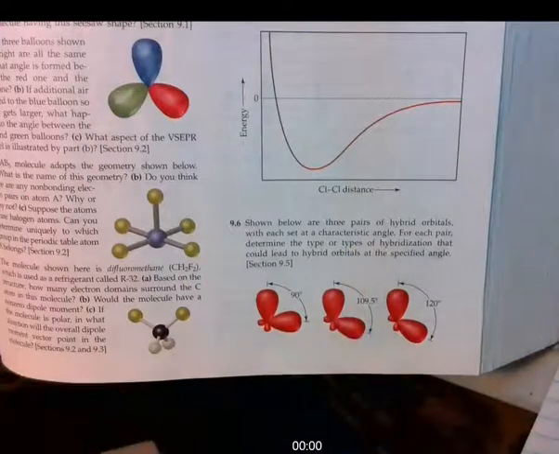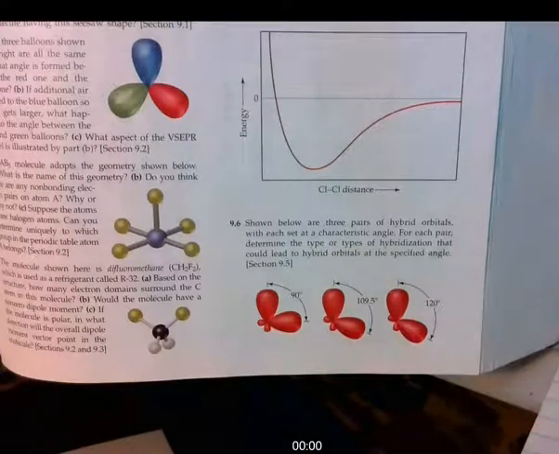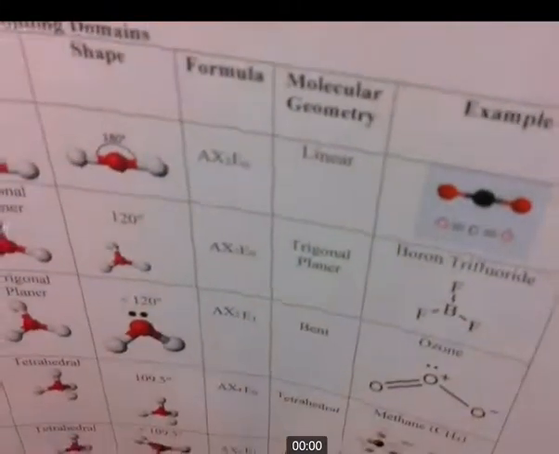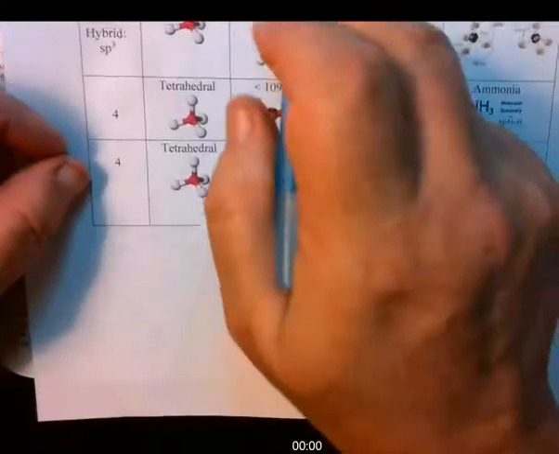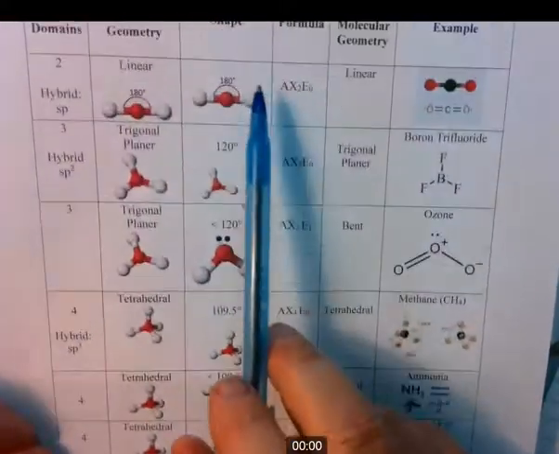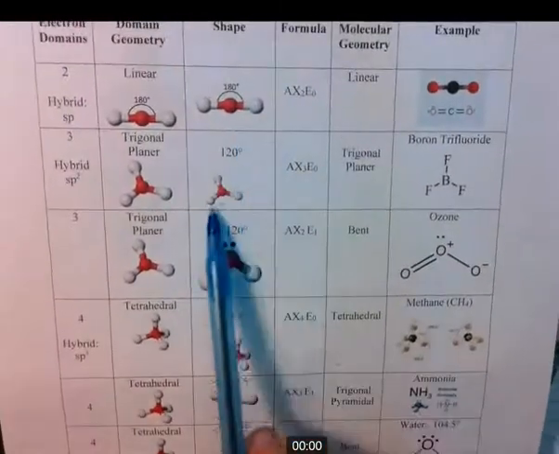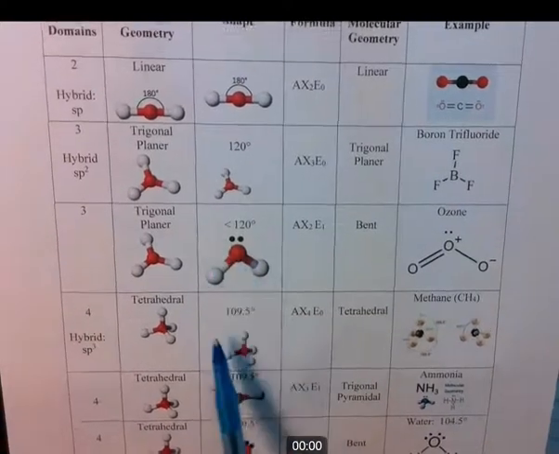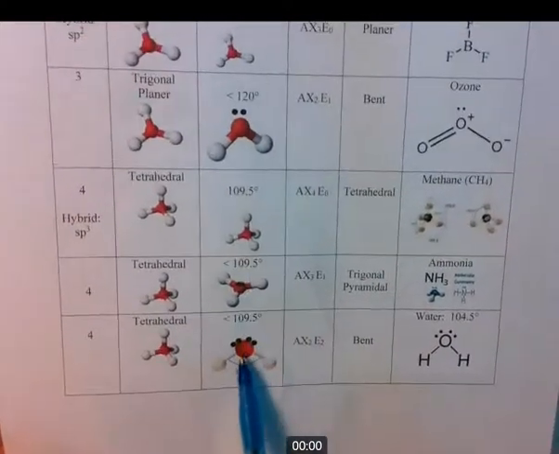It's got a 90-degree angle. Remember, it's just part of a hybrid orbital. There's a number of things that could have 90-degree angles. None of them are on the front side of your sheet on page 2. There's 180, 120 for trigonal planar, less than 120, 109 for tetrahedral.